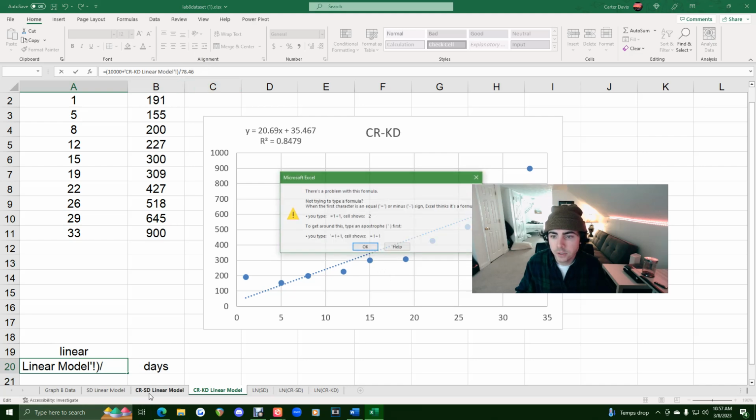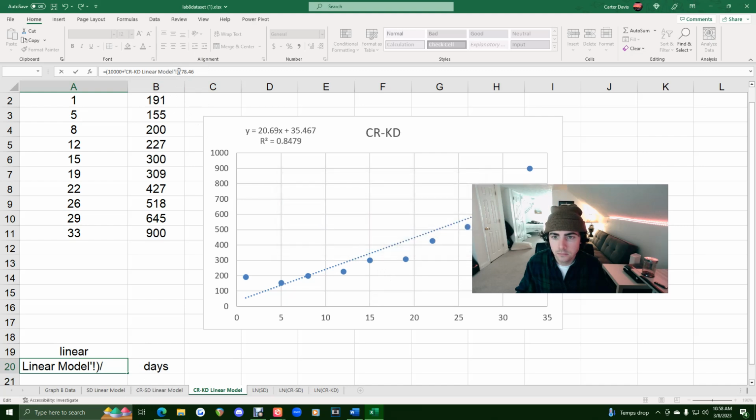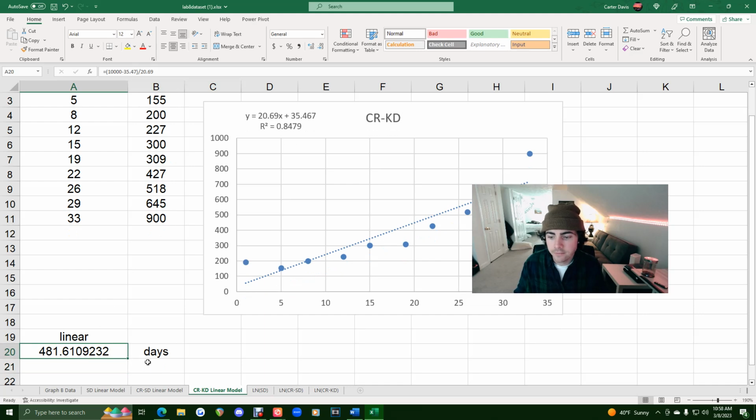All right, hopefully it didn't change. Oh my god. All right, just gotta back this up, sorry. So annoying. We're subtracting 35.467, and we're dividing by 20.69. All right. I'm gonna use 2 decimal places here. I almost forgot. Okay, enter. It's gonna take 481 days.